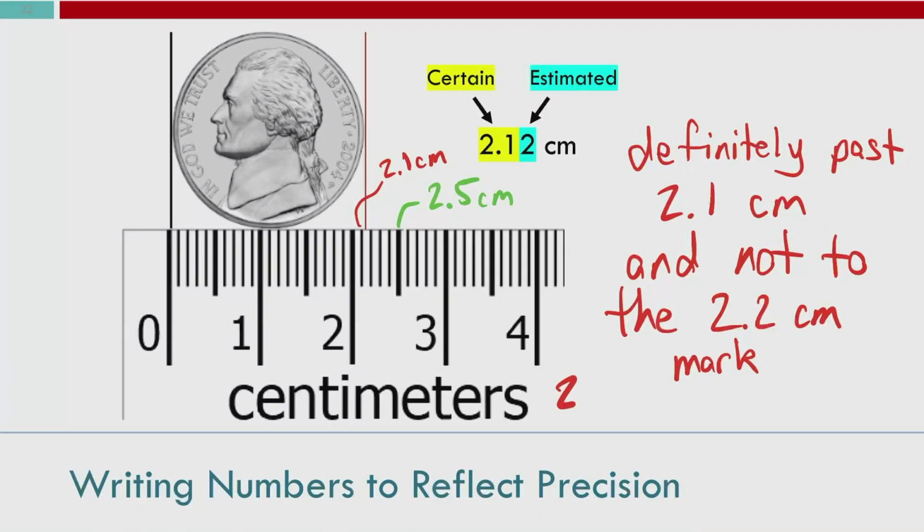So 2.1, and this is where the uncertainty comes into the measurement. You might say 3, 4, or 5 centimeters. Those would all be fine measurements. It's important that you make this estimate.